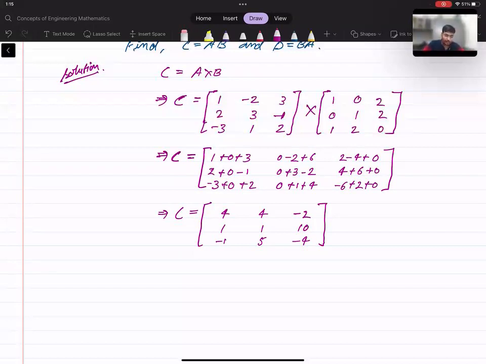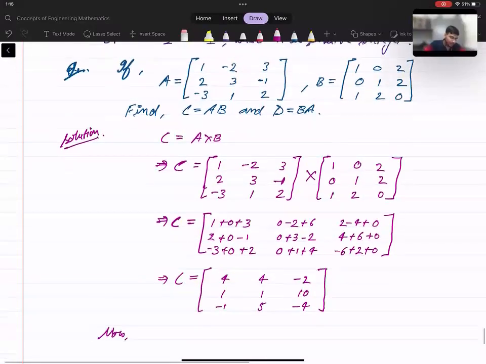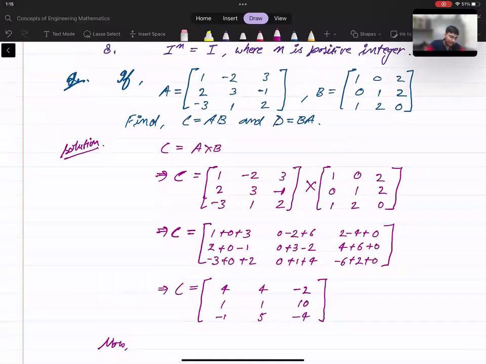Okay. So now similarly we can find BA, and see here both A and B were 3 by 3 matrices. Okay. So this is also 3 by 3 and this is also 3 by 3. That's why the product was possible here, because the internal dimensions were matching.